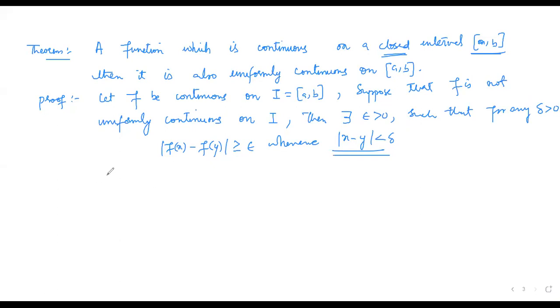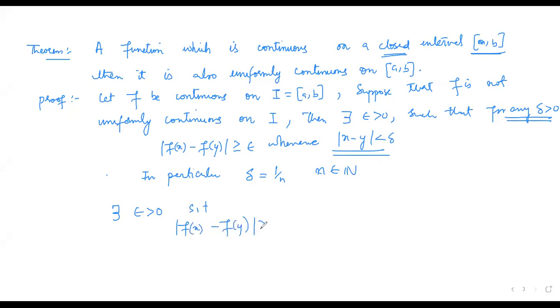In particular, any delta is possible. For delta equal to 1/n, where n is a natural number, because any positive number can be a delta, we have that there exists an epsilon positive such that |f(x) - f(y)| is greater than or equal to epsilon for |x - y| less than 1/n.